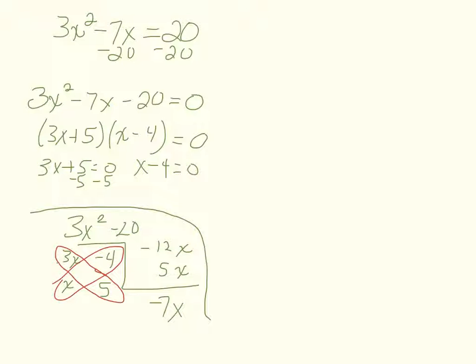I'm going to get negative 5 on this side equals, that goes away, and I'm left with just 3x. So I have 3x equals negative 5. If I divide by 3, I'm going to say x is negative 5/3.